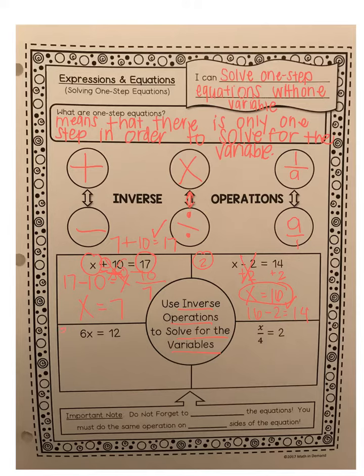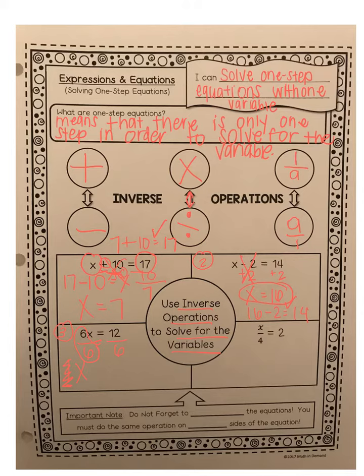Looking at example 3, I've got a multiplication problem here. My inverse operation for multiplying is dividing. I'm going to divide both sides by 6. Remember, a number divided by itself equals 1. So having the coefficient of 1 in front of the x just makes it x because of the identity property.